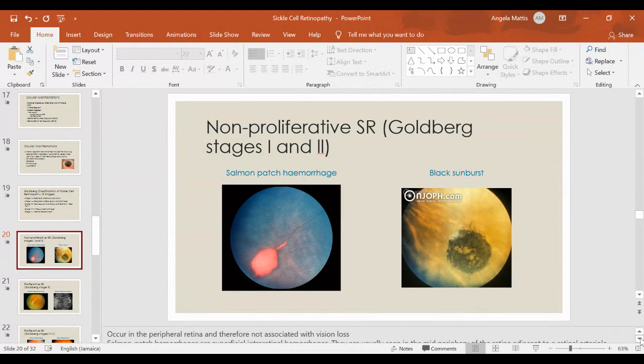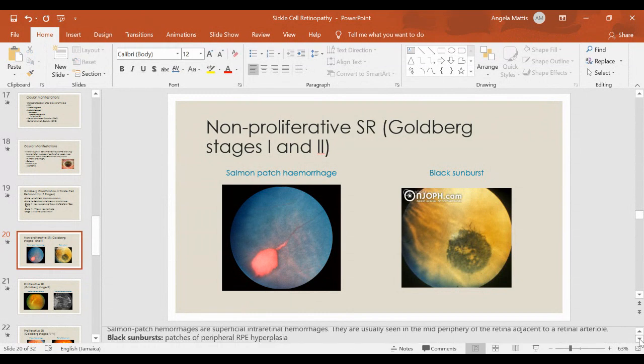So sometimes we see patients and we can tell that these patients are sicklers because of the location of the hemorrhages. Okay? And so we have here a salmon patch hemorrhage. This is what it looks like. And they're superficial intraretinal hemorrhages, and they are usually adjacent to the retinal arteriole.